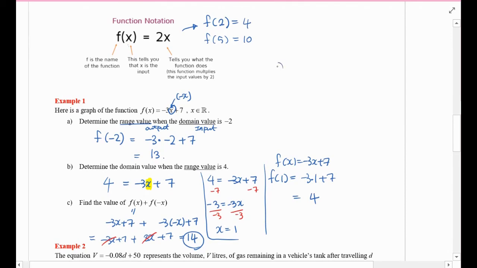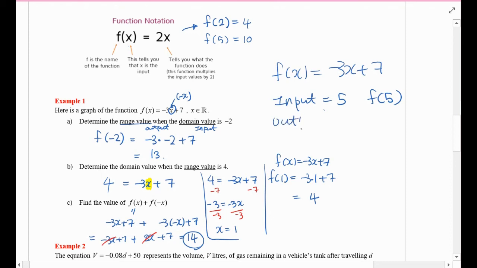So when a function is given, f of x equals negative 3x plus 7, if the input value is given, let's say the input is 5, you find f of 5. You plug 5 into x.